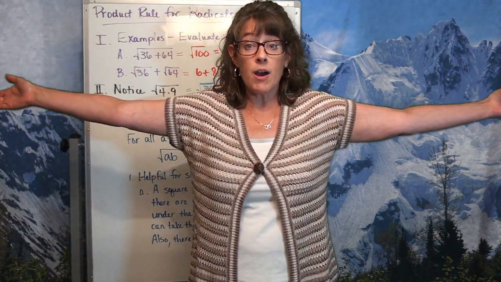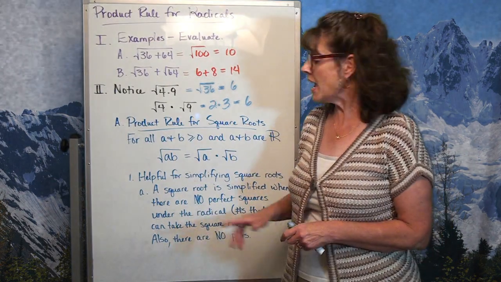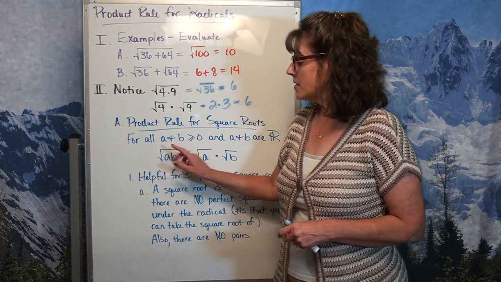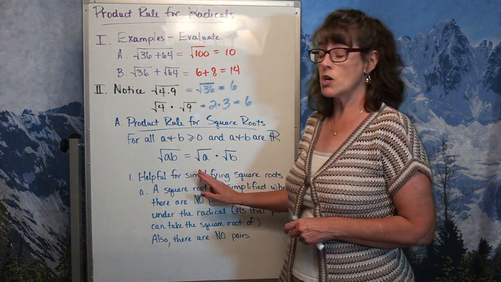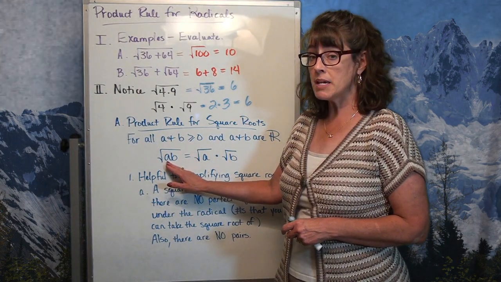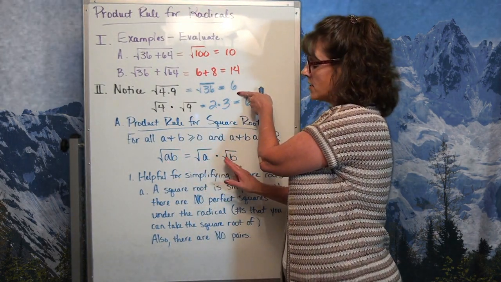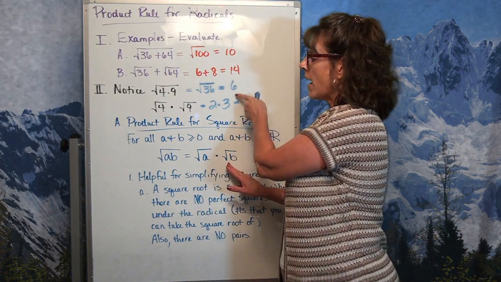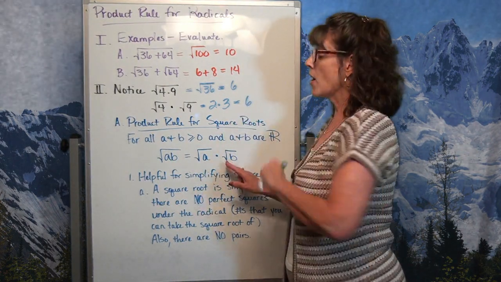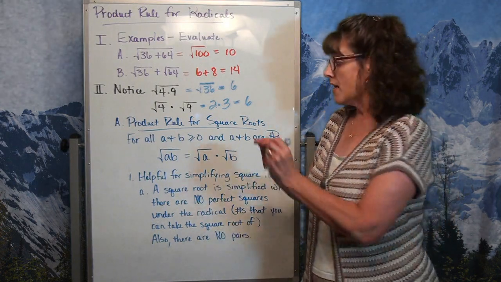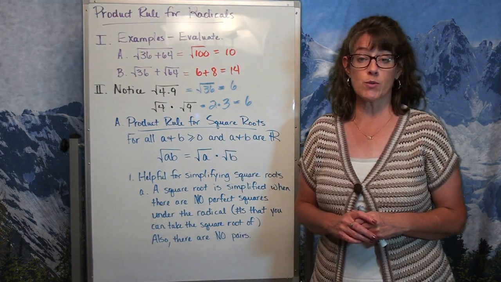They have the same value. So if that's the case, that means this is the same as this. So if I multiply them together and then take the square root, as I did here, or if I take the square root of each number and then multiply the results together, I'm going to get the same thing. That's what your product rule for square roots says.